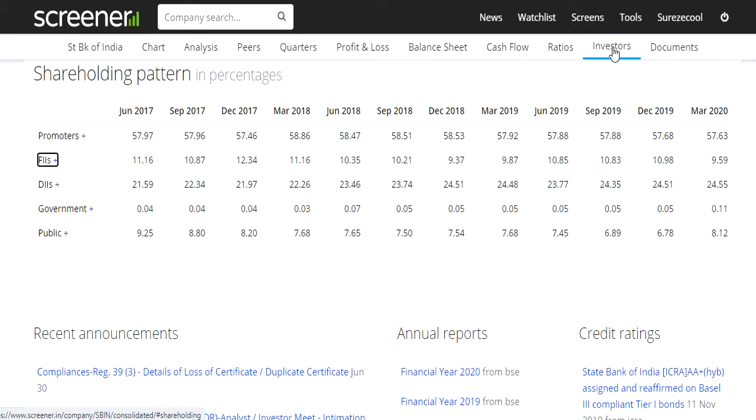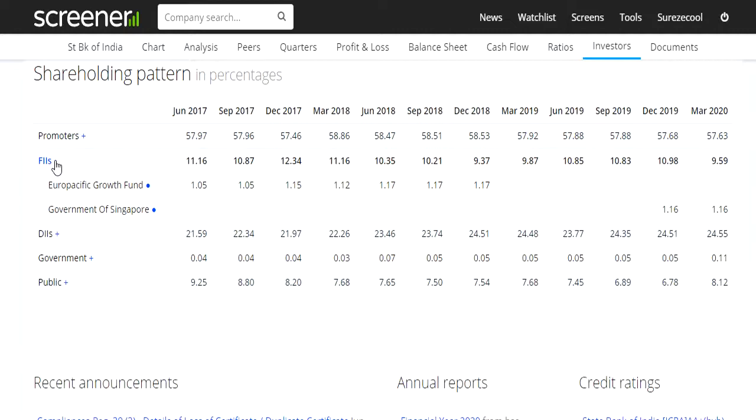One more interesting tab is investors and then documents. If you go to the investors tab, you can see the promoter holdings, the promoters who are holding this company, and then foreign institutional investors, domestic institutional investors, and then government, and then public.